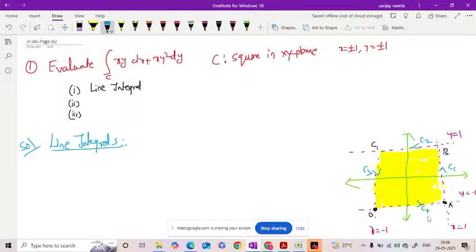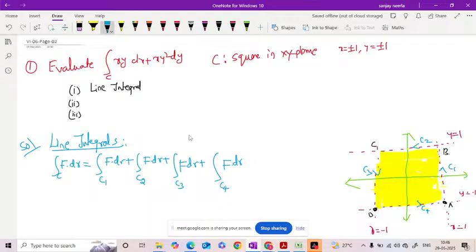So according to the previous one, this single integral, the integral over C of f dot dr, is equal to, I am splitting into 4 integrals: the first integral of C1 f dot dr, the second C2 f dot dr, the third C3 f dot dr, plus C4 f dot dr. Okay, now we will solve one by one.